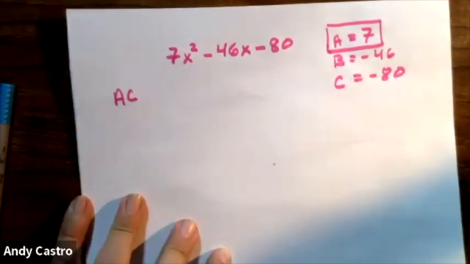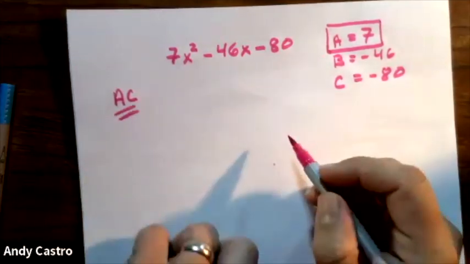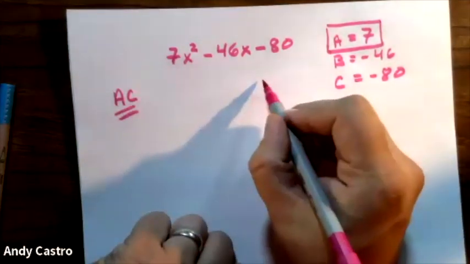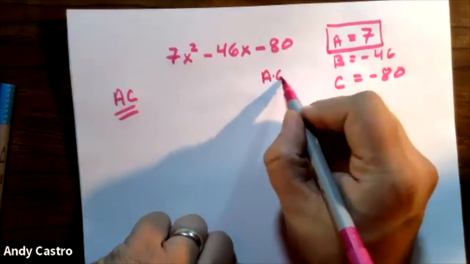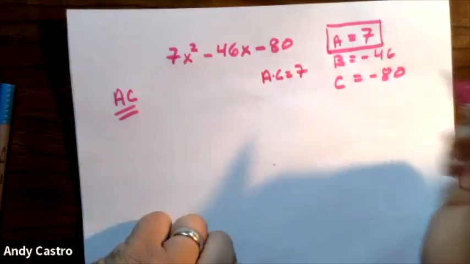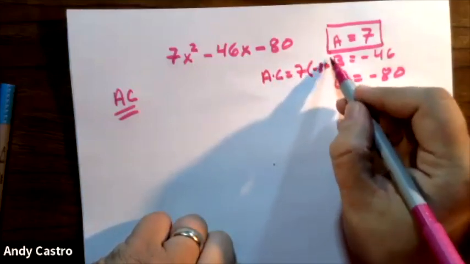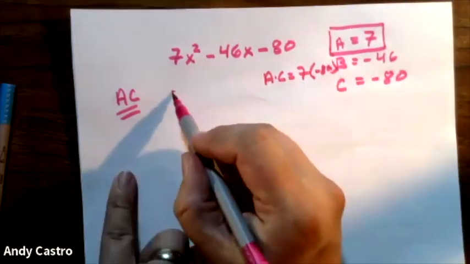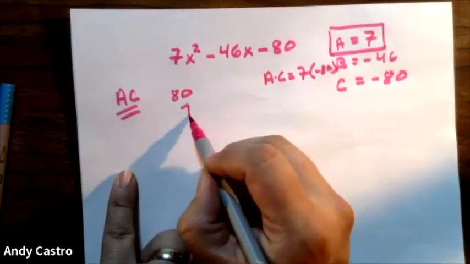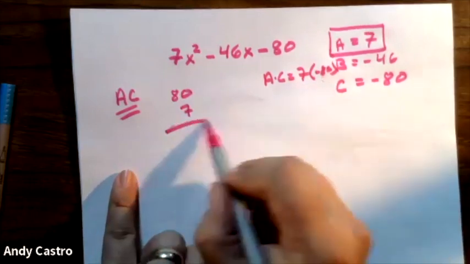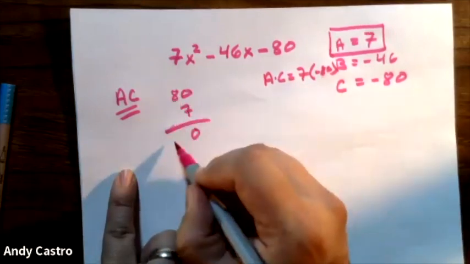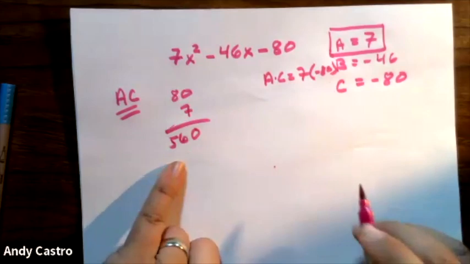The AC method starts with A times C. So that's 7 times negative 80. Let me do that over here. 80 times 7. The positive times a negative will just give me a negative. So 0 and 56. So 560.